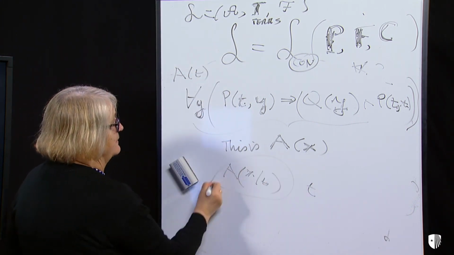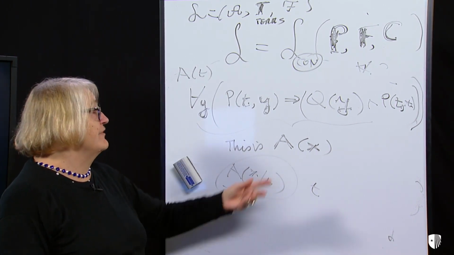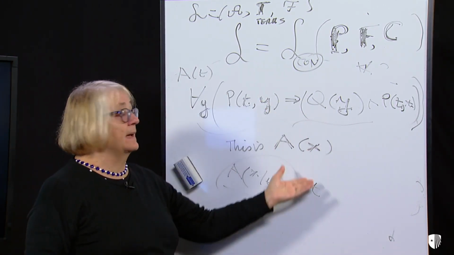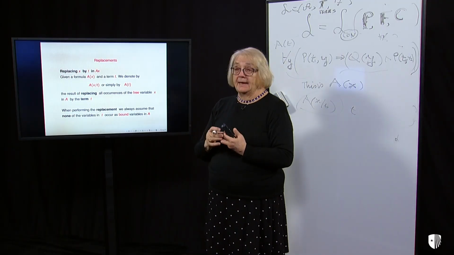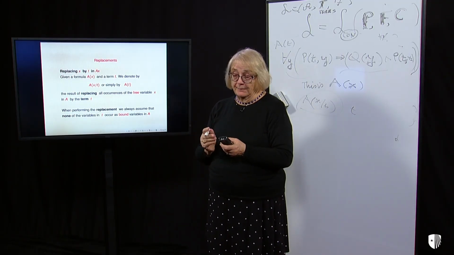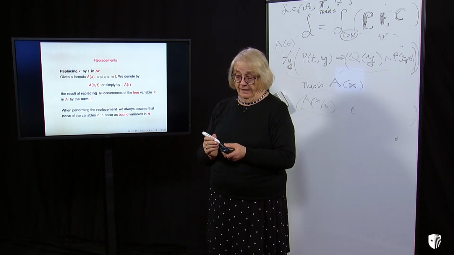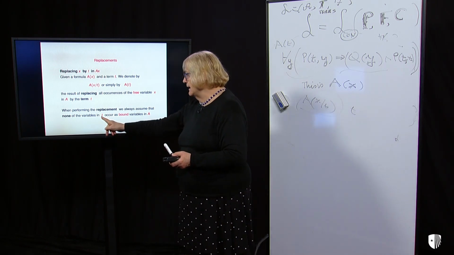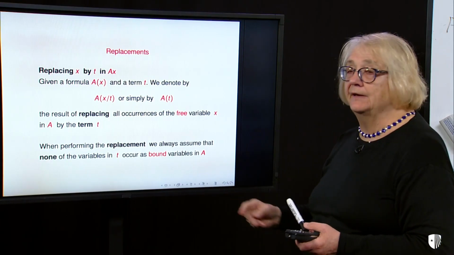If you do this, remember that that means that you replace all free occurrences of x by t. So that's important. And also, when performing the replacement, we always assume that none of the variables in t occur as bound variables in A.